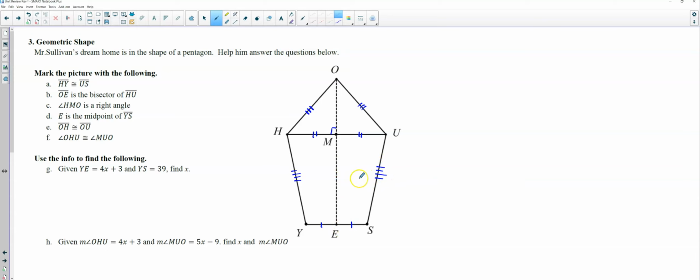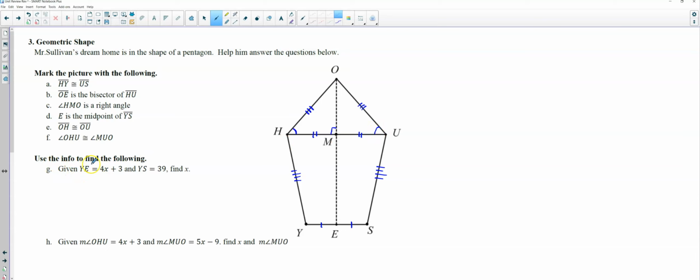I do not know how much they measure, but I know that they are congruent. And then angle OHU, oh, here it is. Angle OHU is congruent to angle MUO. So this angle is congruent to this angle.